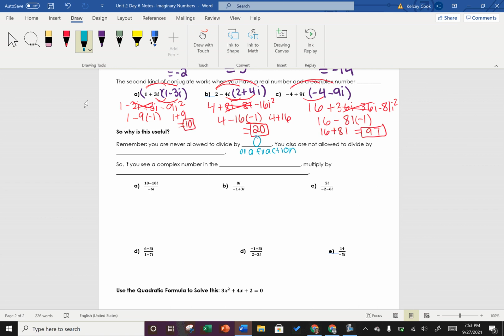It's kind of the same thing. So we're also not allowed to divide by a conjugate. So if you see a complex number in the denominator, multiply by the conjugate. And here's the important part: on top and bottom.